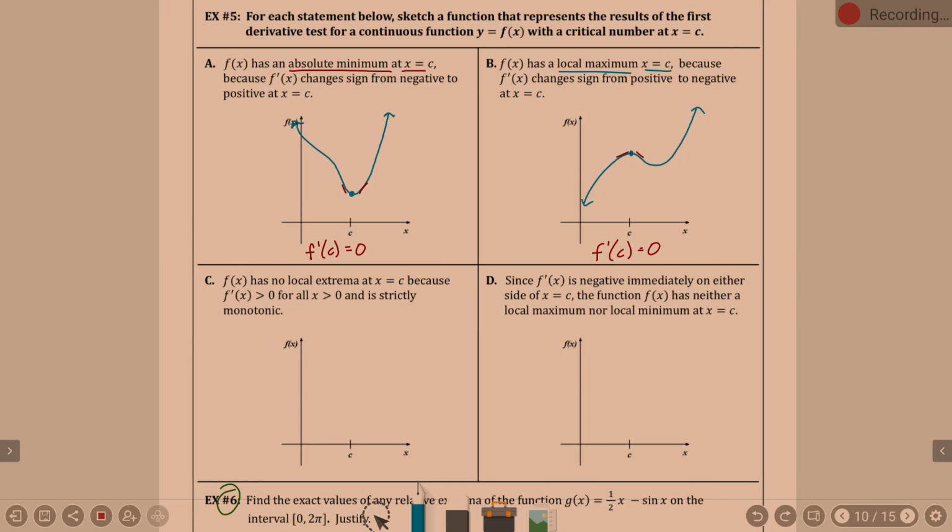A function is said to be monotonic on an interval if the first derivative does not change sign. So I think it could be a line. No local extrema, and f prime of x greater than 0 just says the slope is positive. Okay, so that means it's an increasing function.